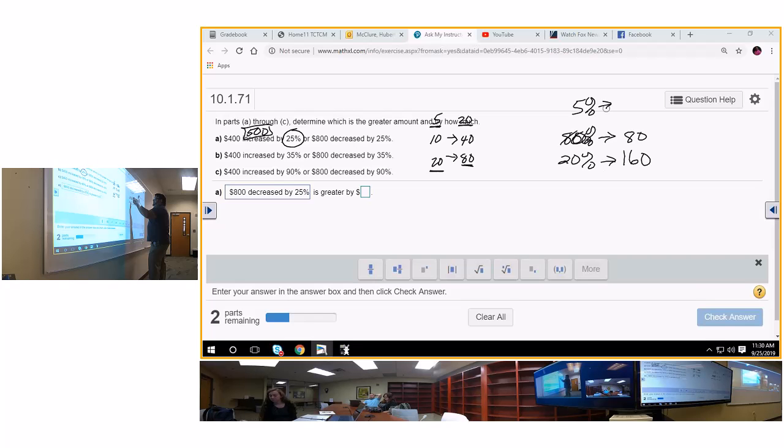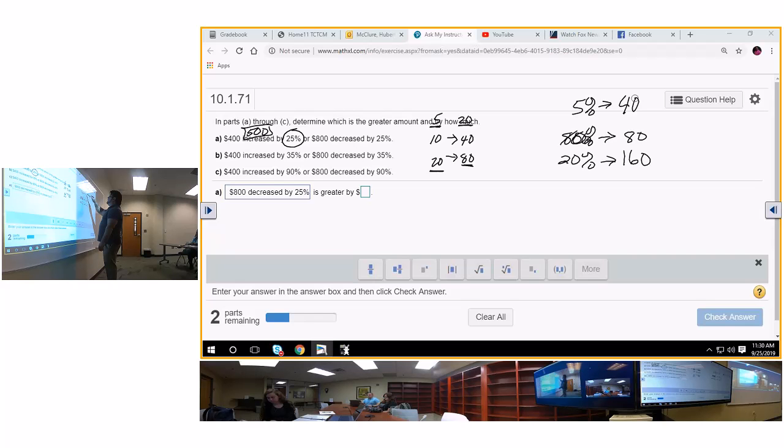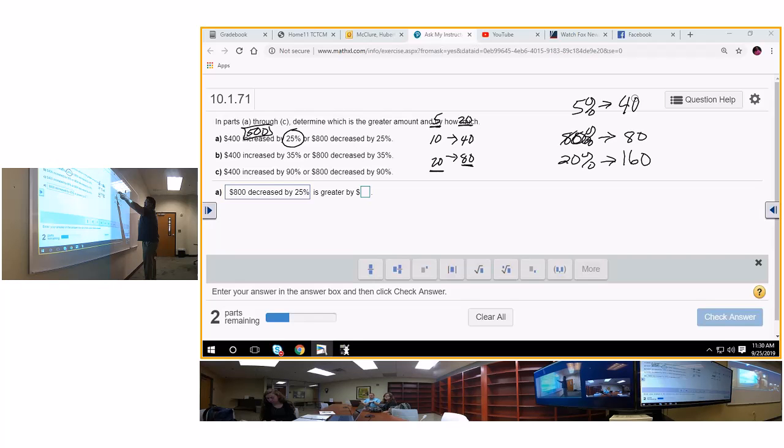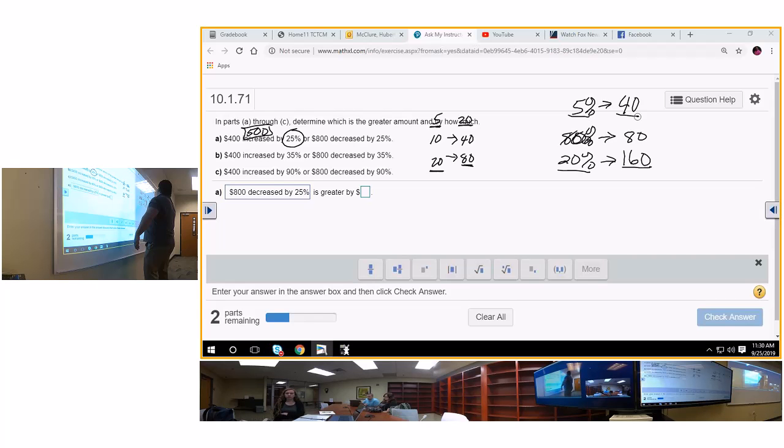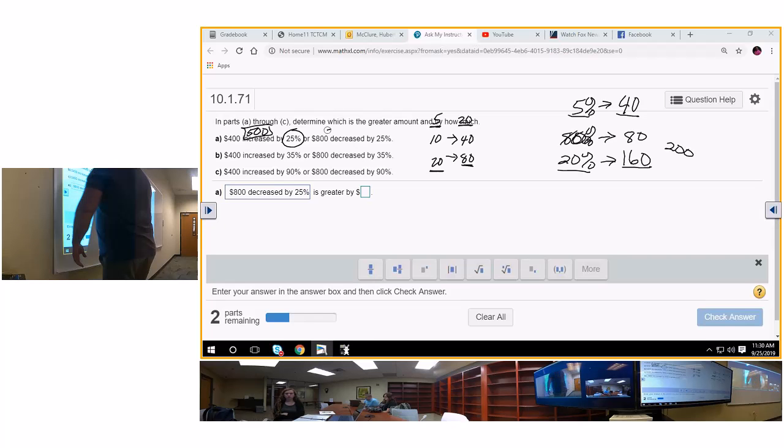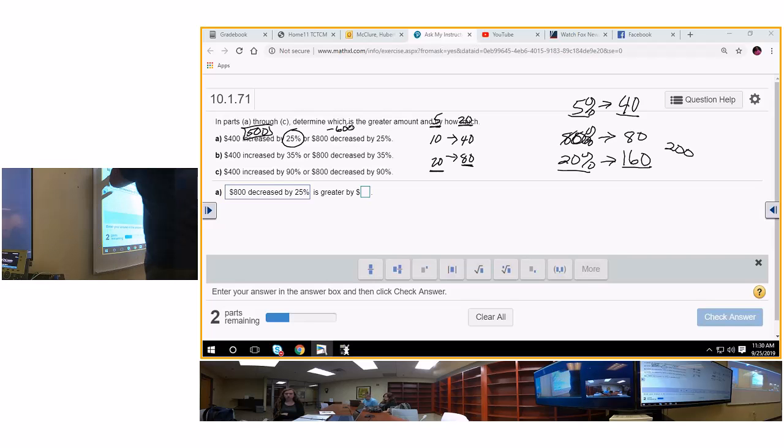If half of 10% is 5, then what's half of 80? Y'all don't see the patterns? 5, 10, 20, you're doubling. Now, what's 25%? 20 plus 5. What's 160 plus 40? 200. So what is 800 minus 200? 600. So what is 600 difference to 500? 100. So that'd be 100 right there.